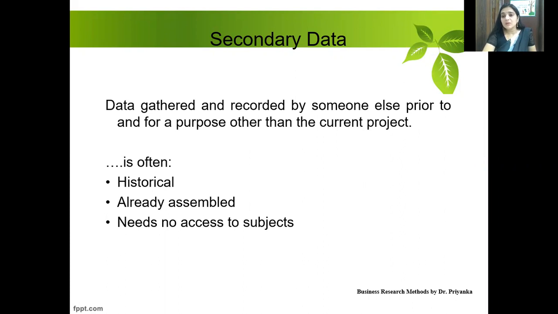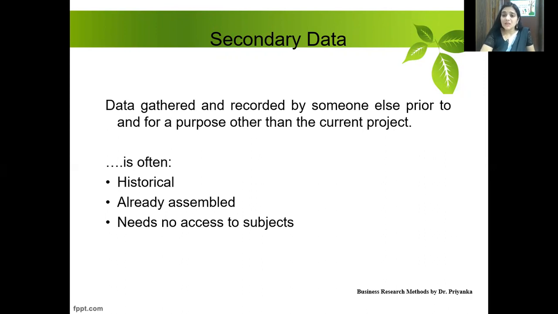For example, you have got 10 companies. Out of the 10, data for 5 companies is available from some other researcher as well. That is a kind of secondary data. Or, I have 10 companies in hand, company A, company B, company C, company D, up to company J. These companies are already being researched by other researchers independently.